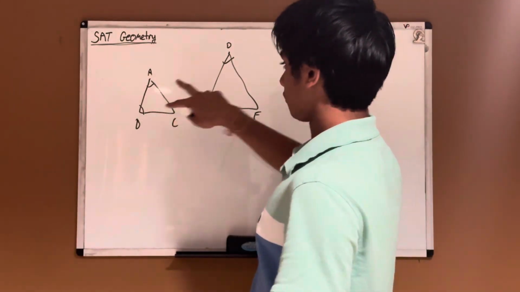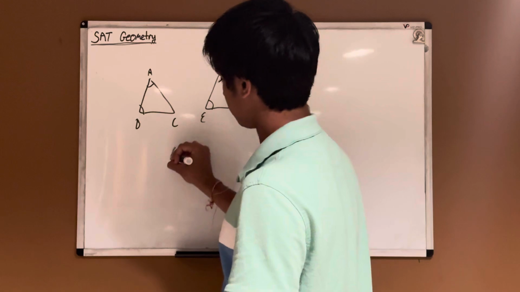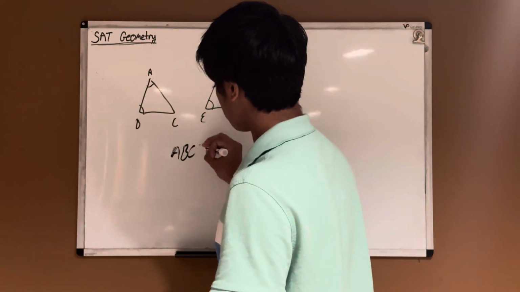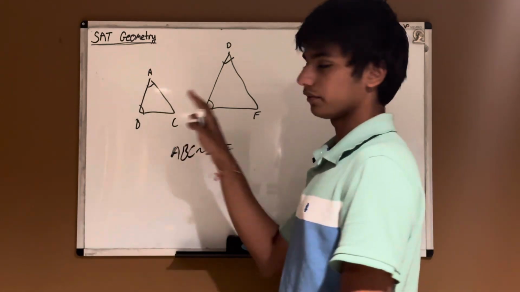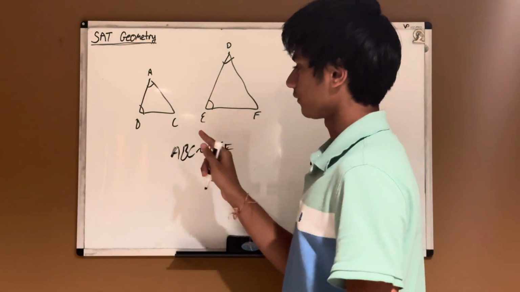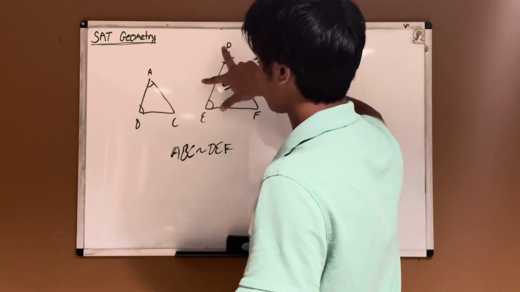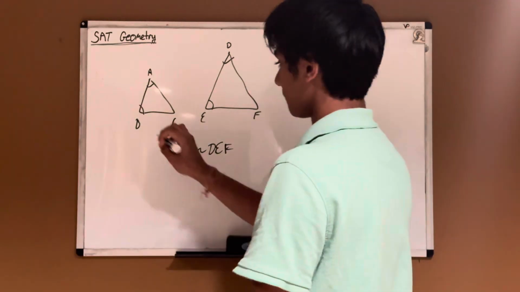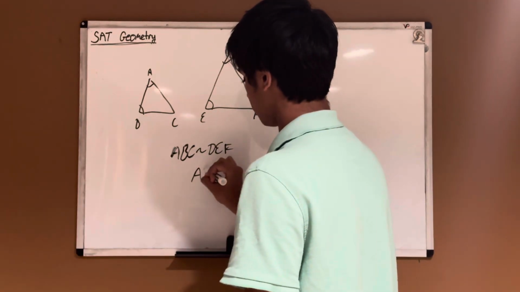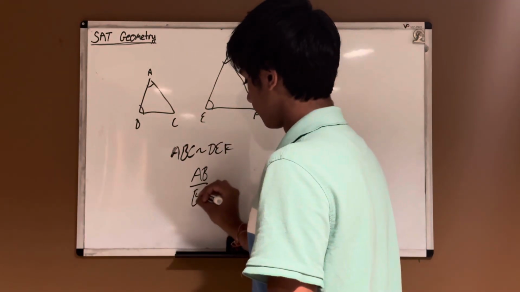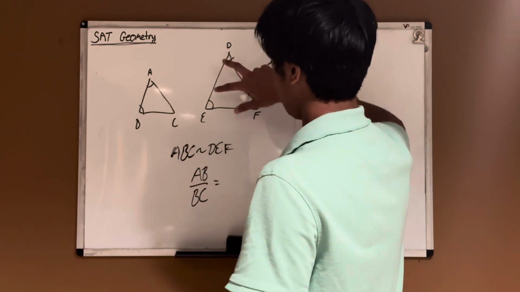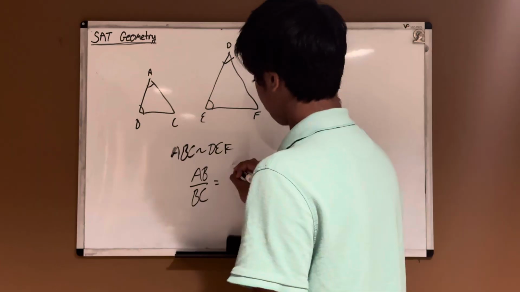So because these two angles are similar and these two angles are similar, triangle ABC is similar to triangle DEF. So the triangles are similar. And when the triangles are similar, what we can say is that their side lengths are proportional. So the way we write this mathematically, we can say that AB over BC, the ratio there, is equal to the ratio DE over EF.